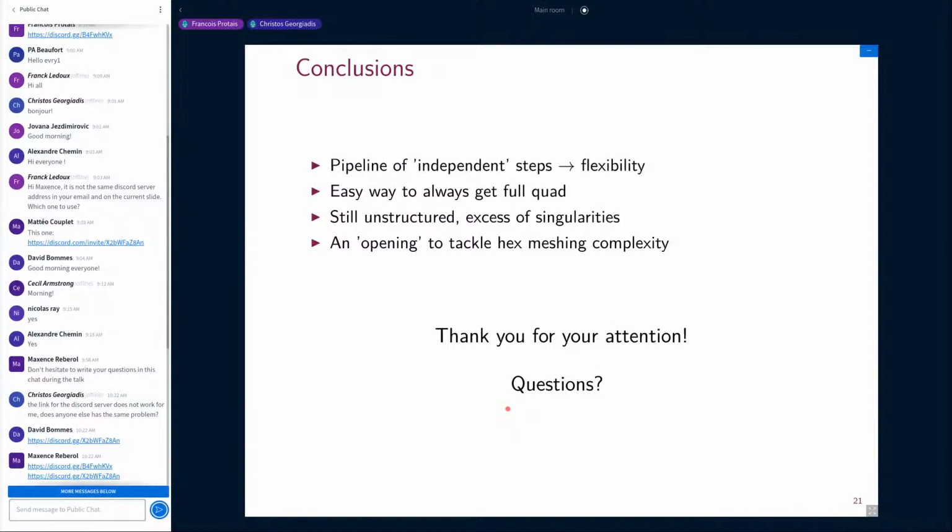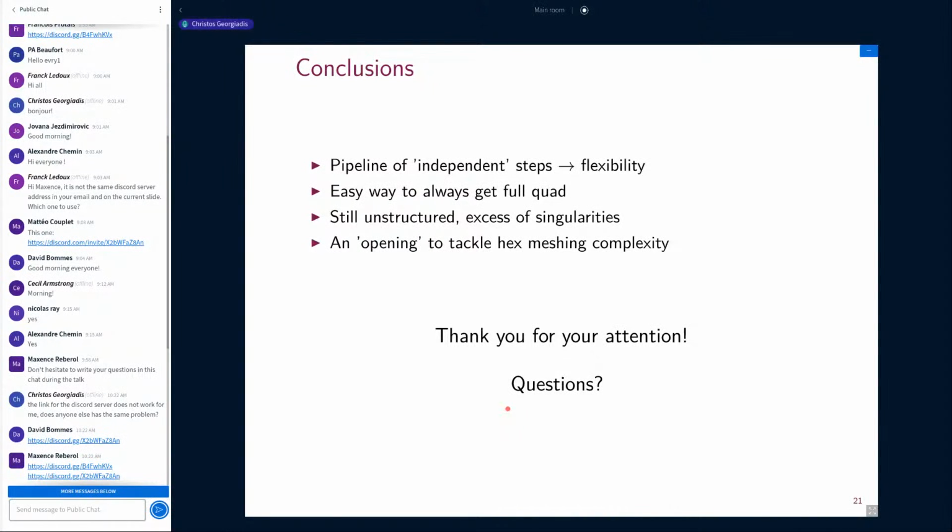This is strongly dependent on the crossfield, in the sense that even if we don't have a crossfield, even if we do axis-oriented point generation, we will get something that's acceptable, that is always valid. But if the crossfield is good, we get good quality meshes.